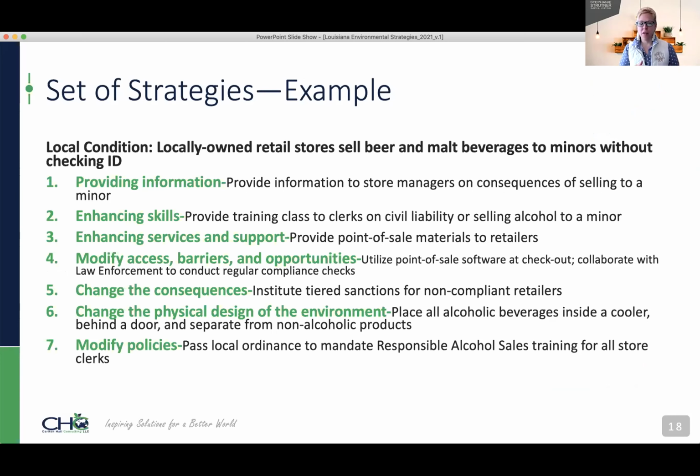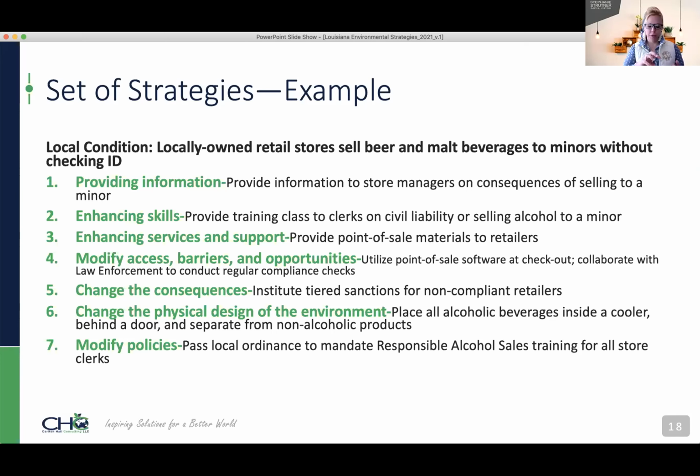We could provide information by giving store managers information on the consequences of selling to a minor. We could build skills by training store clerks on civil liability of selling alcohol to a minor. We could enhance services and support by providing point of sale and age verification materials to that retailer. All of those things are at that individual level, mind you.